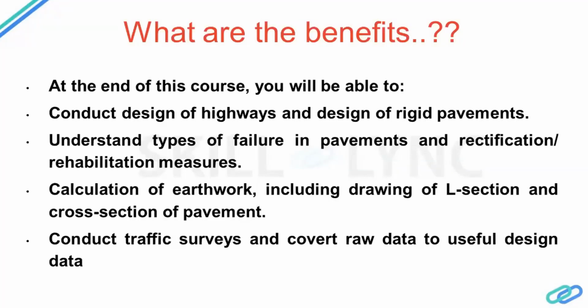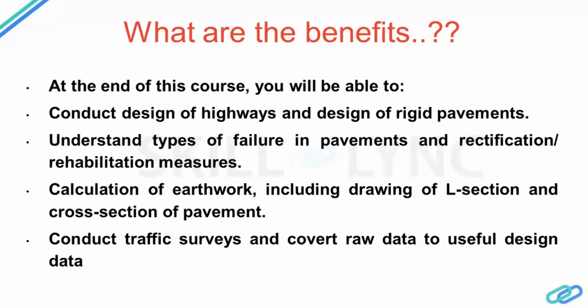This is another very important aspect in the pavement design. By calculation of earthwork, I mean the cutting and the filling. Whenever we are constructing a highway, we need to have a proper level for that specific road, so that during rains, one road is not too high and the other too low, because that will lead to flooding. We need to maintain a proper grade of the roads so that the water goes in one direction. So if you see many well-planned cities, there's not much flooding in those cities.